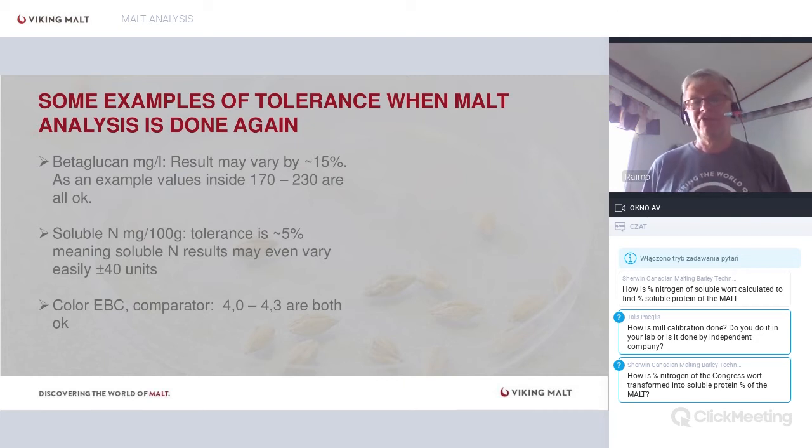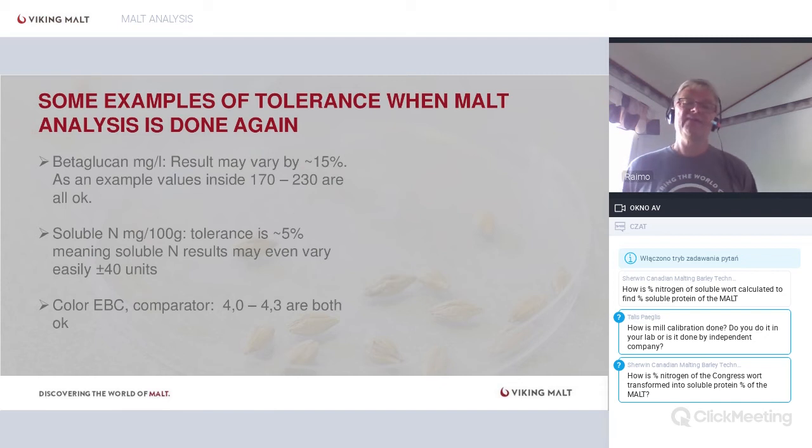Also quite big tolerances with soluble nitrogen, and at a level of 700 to 750 or 650 to 750, it can easily move and vary plus minus 40 units.